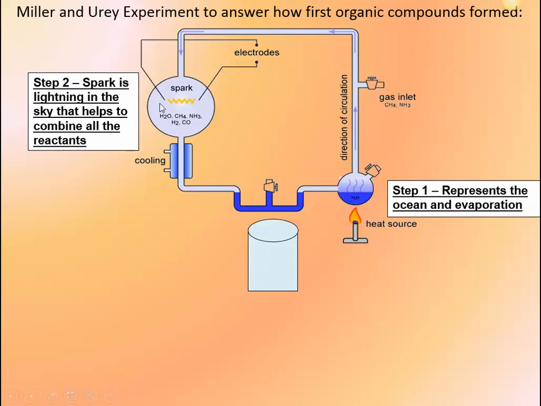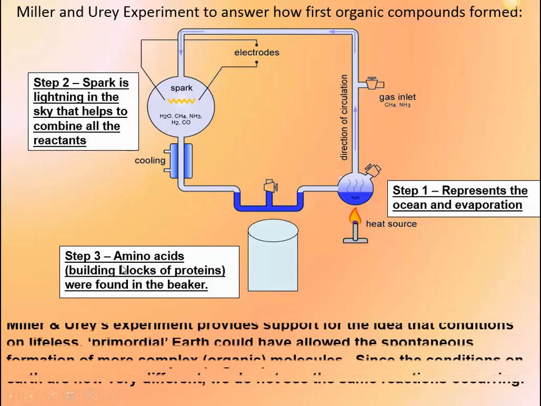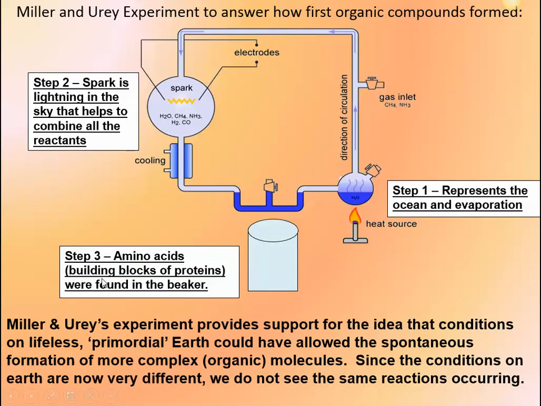And that spark hopefully served as enough energy, just like the lightning would have back on early Earth, to recreate some molecules. And what they found was that they had amino acids, which are going to be the building blocks, the monomers of proteins, in this beaker.